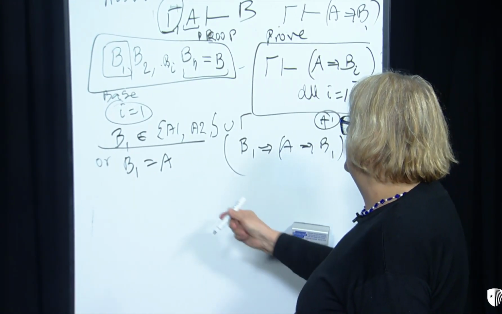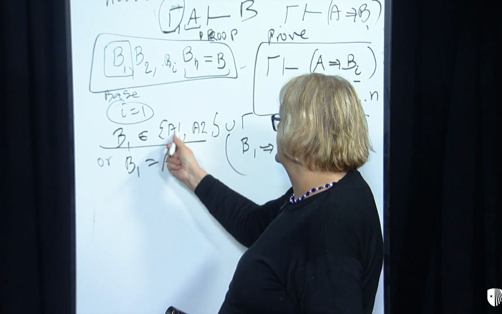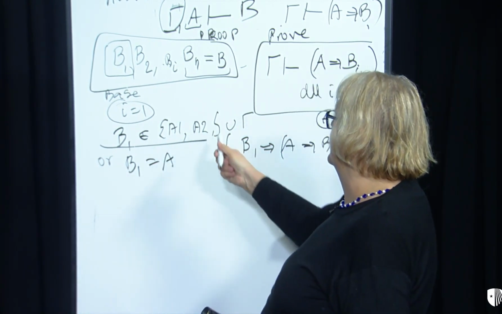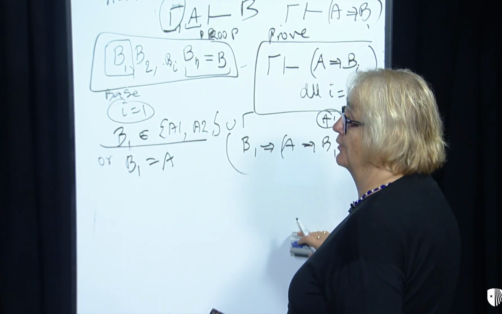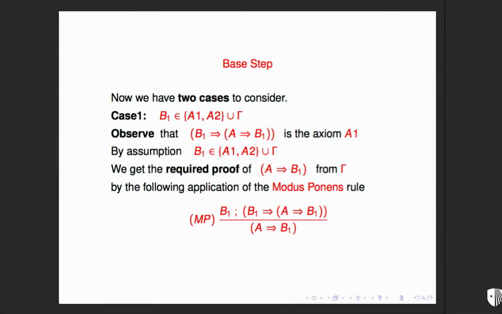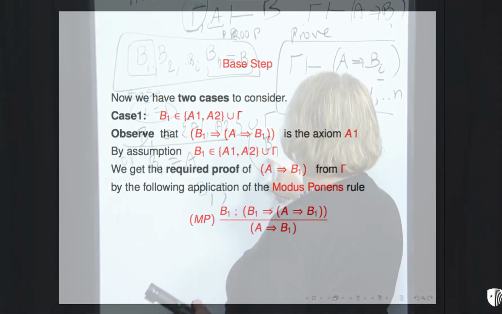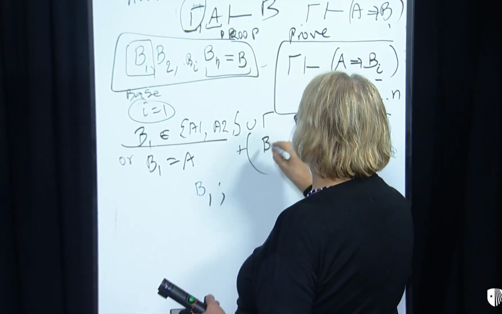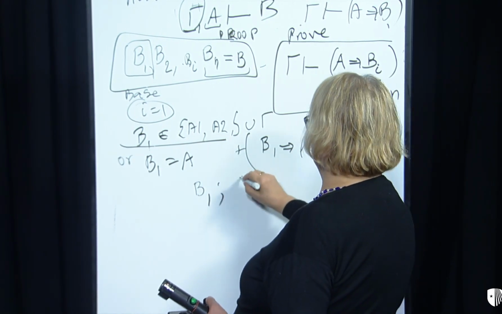So this is a substitution of axiom 1. And we know that B1 is one axiom or the other. So the proof from gamma would be: I have B1 because I have an axiom, and I have this, A implies B1, as a substitution of the axiom.